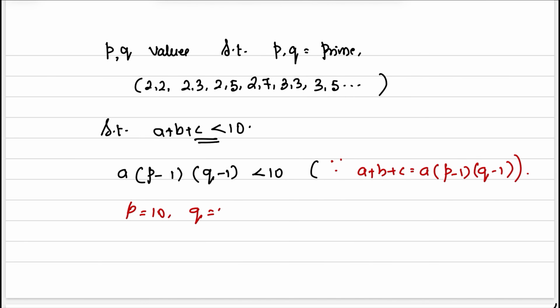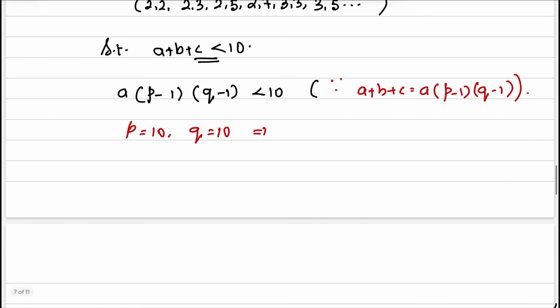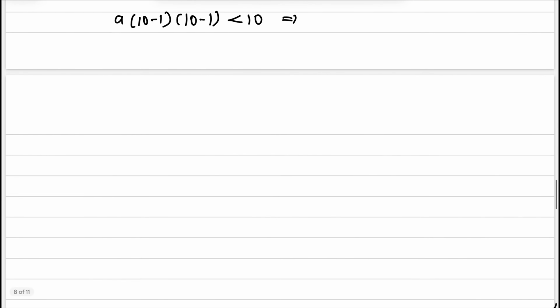Q is equal to some 10. What happens? a into 10 minus 1 into 10 minus 1 is less than 10. That implies a into 9 into 9 is less than 10. Not possible.